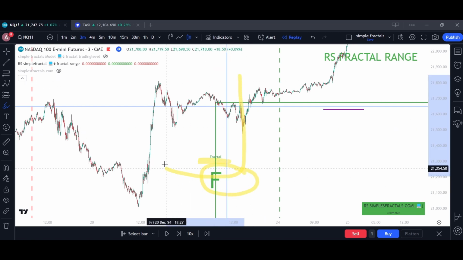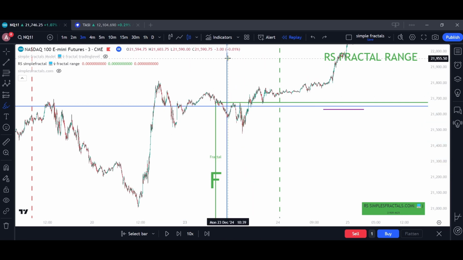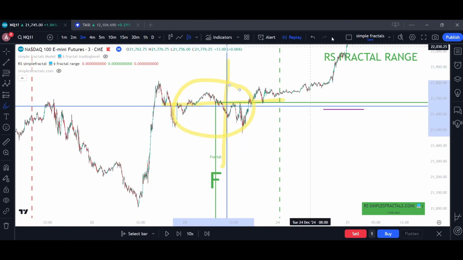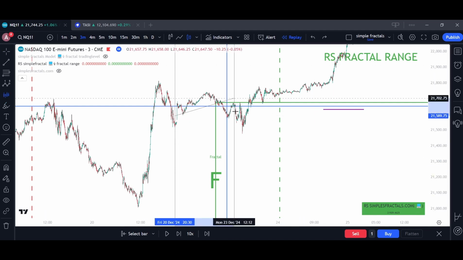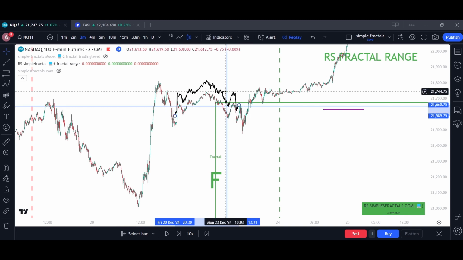This means that in this area we have a range of a fractal. Then we see these blue vertical and horizontal lines. This means that on the corners we have a fractal. So our fractal is this wave right here. This is a rescaled fractal.